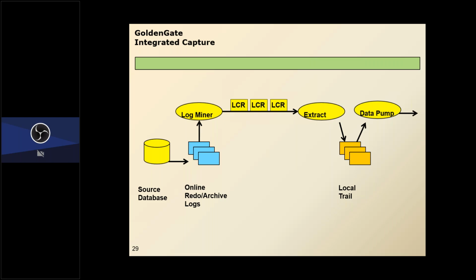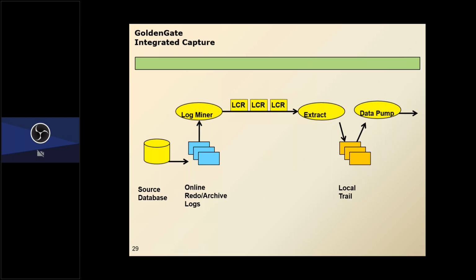So extract process is receiving the changes from LogMiner. It is not establishing connectivity directly with the database, though you will find that when you create the integrated extract process, there are 4 processes created internally, but those are for LogMiner.